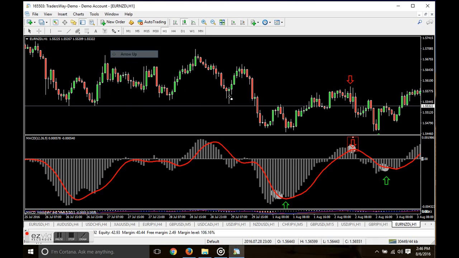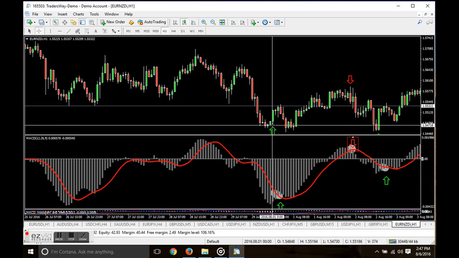And let me go ahead and mark the chart up here also. I can't really fit it, so I'm going to put it in the closest spot I can, which is right there, which is actually where it first crossed through the MACD signal line. And as you can see, another significant amount of pips.